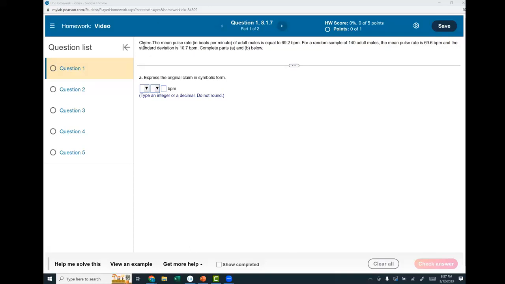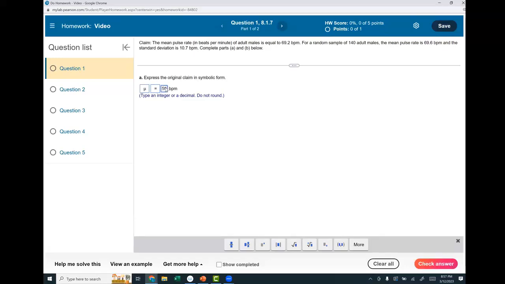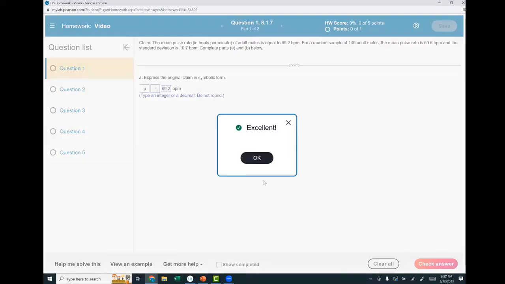So our claim, the mean, so we're talking about mu, pulse rate in beats per minute of adult males is equal to 69.2 beats per minute. So the original claim is mu is equal to 69.2 beats per minute. Check. Okay, good.